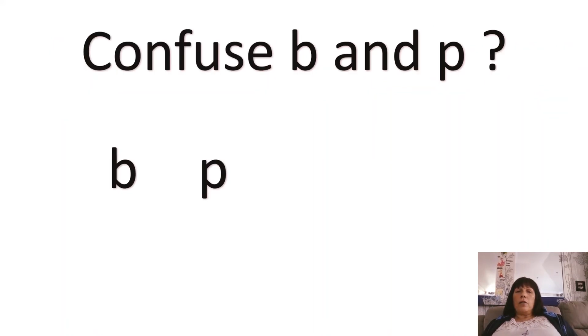So we're going to move on to, do you confuse the letter B and P? Because the first letter written there is a B, and you can see that we start with the top of the letter, we go down and up and round, and that creates the letter B. And for a P, we start at the top of the P, and the P is going to sit on the line, so we go beneath the line, back up and round, and we have a P. And they have two different sounds, don't they?